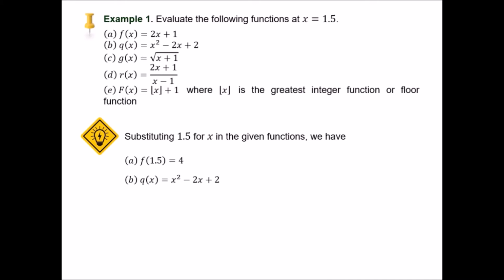Substitute 1.5 for x. We then have 1.5 squared minus 2 times 1.5 plus 2. 1.5 squared gives us 2.25, whereas 2 times 1.5 gives us 3. 2.25 minus 3 plus 2 gives us 1.25.